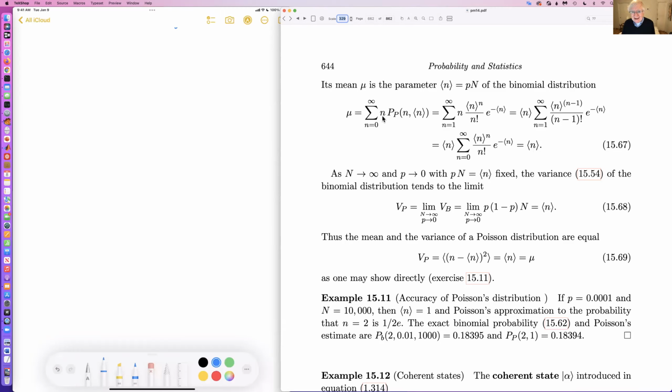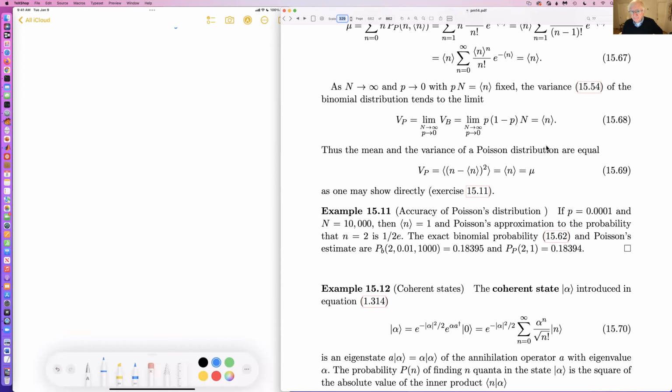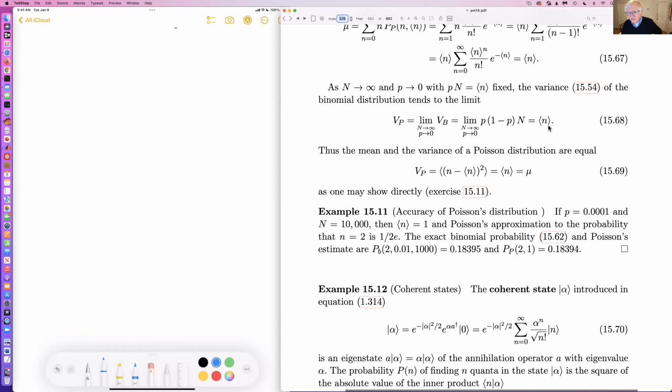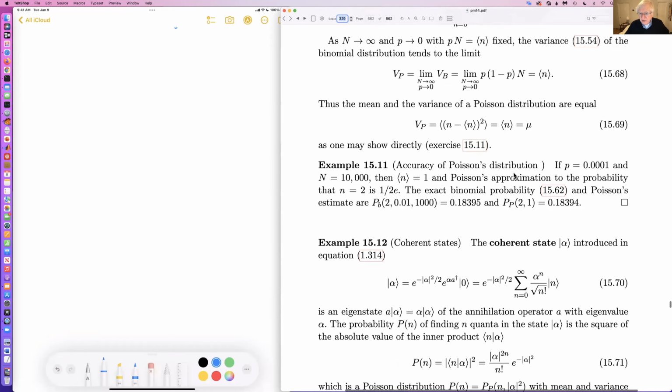So that's n times the probability summed from 0 to infinity, and then just shifting things a little bit, you wind up with that. The variance turns out to be equal to the average number of successes. And so the mean, the average, and the variance are the same.